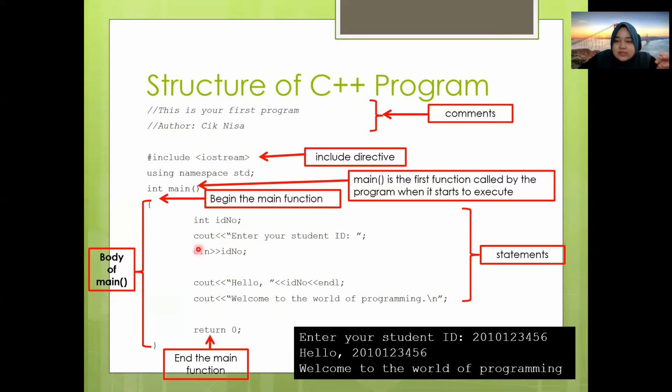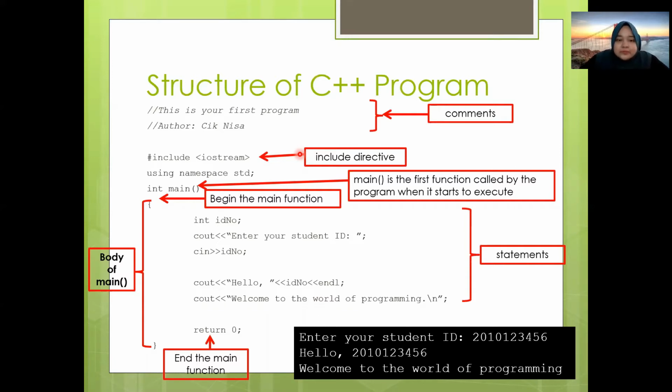If you don't put hashtag include iostream at the first line of your coding, after you compile your program you will get a syntax error, because the compiler cannot find what cout and cin are. So this is just like a library. Inside iostream is the library that stores all the syntax for the C++ program.